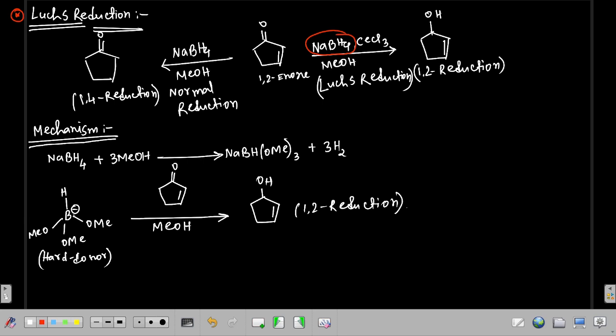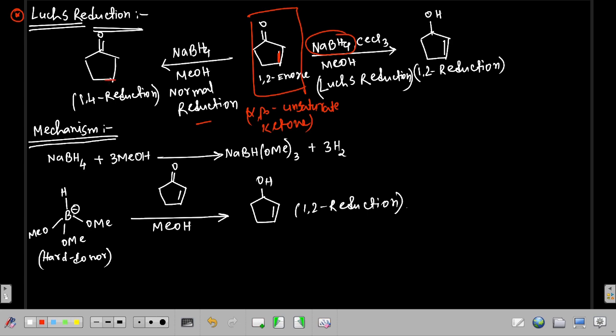In case of a 1,2 enone, like an alpha beta unsaturated ketone, in normal reduction we are using sodium borohydride and methanol only, so it will reduce this alkene selectively.